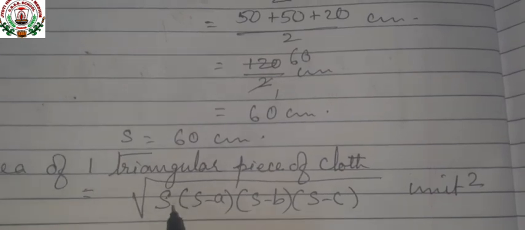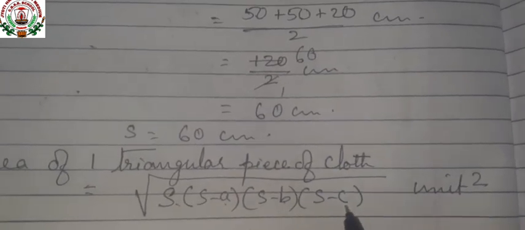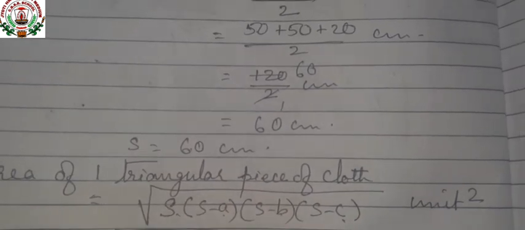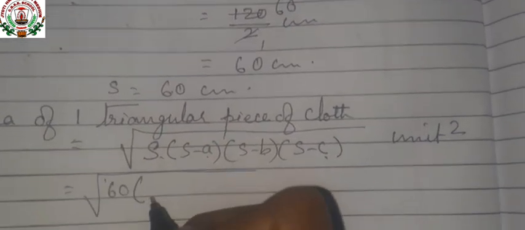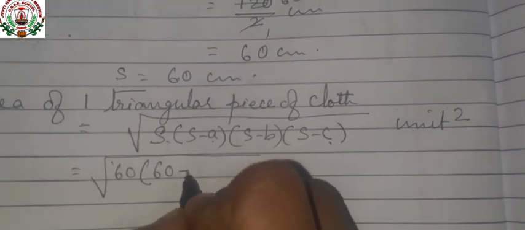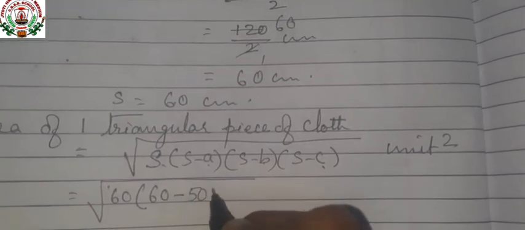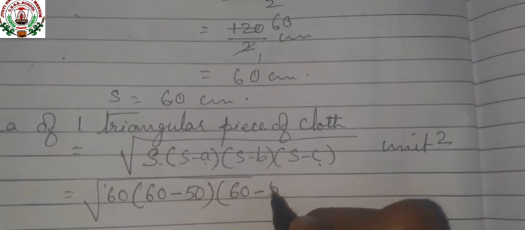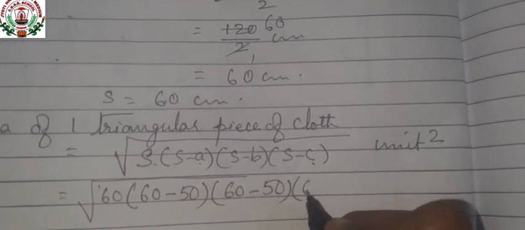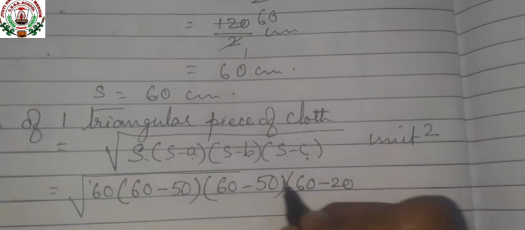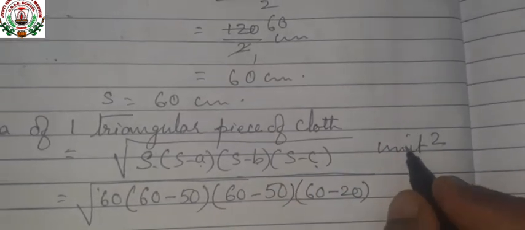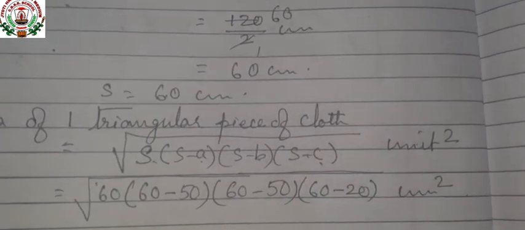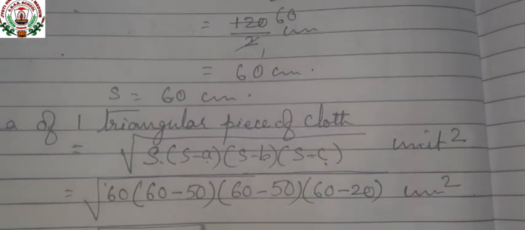Now put the values of S, A, B, C here. What is the value of S? That is 60. Square root first, then 60 within bracket 60 minus A, first one is 50, then 60 minus B is how much? 50. Then 60 minus C is how much? 20. And what is the unit in this? That is cm. So cm square equals square root.